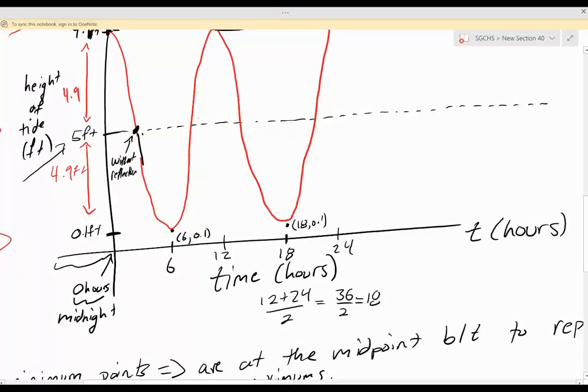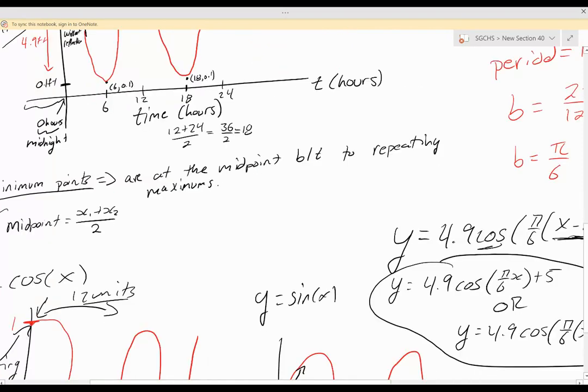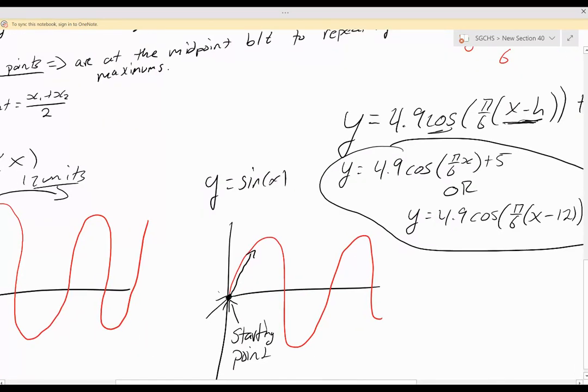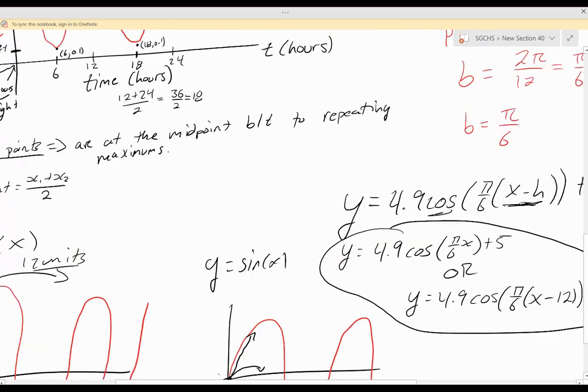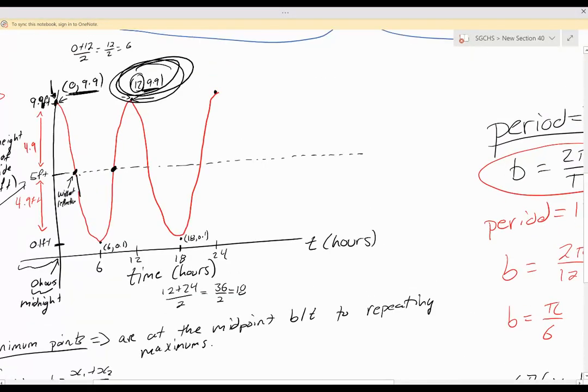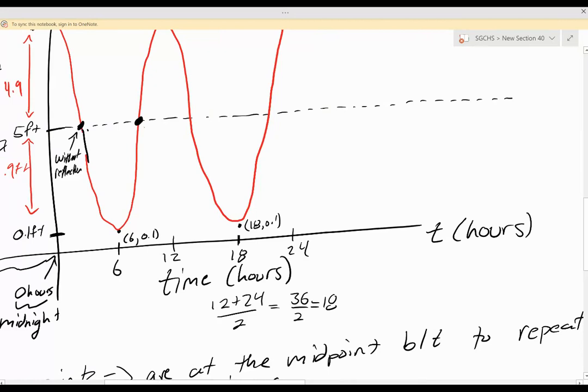So what I'm going to use is this midpoint. If you compare it to our sine function here, this midpoint would have simply moved over a few units. Now we have to determine what those units are. How do we determine what the x-coordinate is?